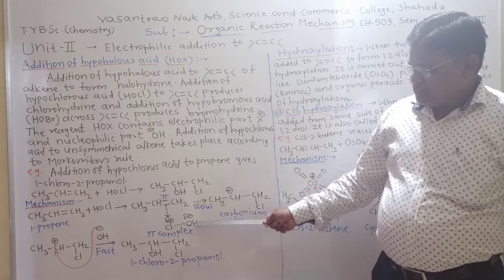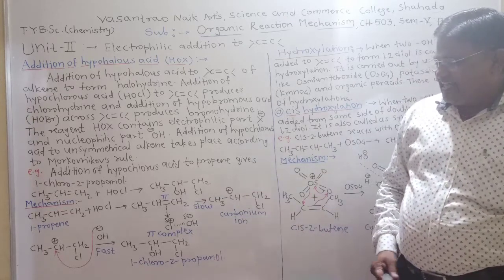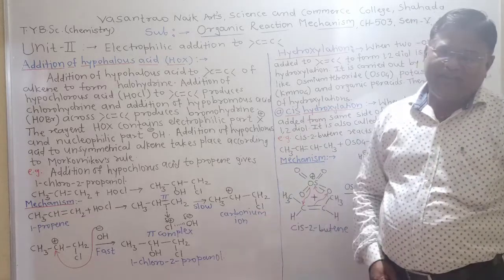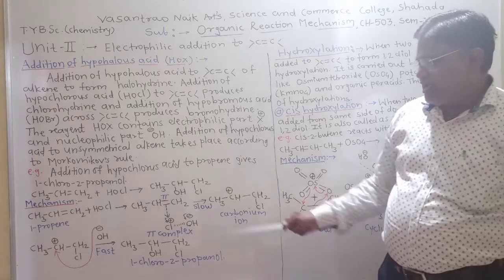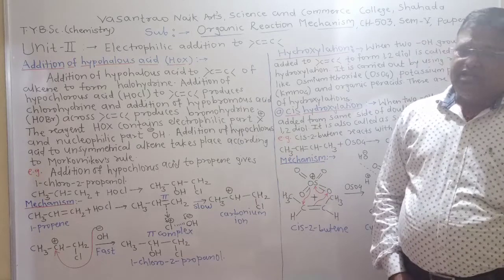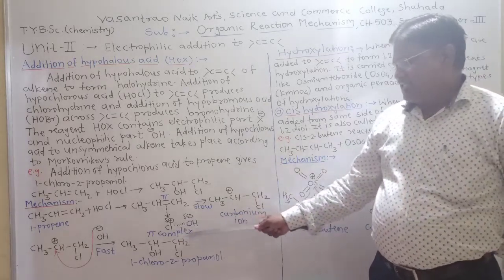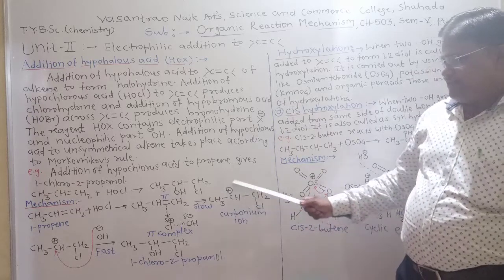When hypochlorous acid comes close in contact with pi electrons, there is formation of a pi complex. In the pi complex, there is no actual bond formation between the carbon atom and the Cl atom. Now this pi complex rearranges to form the stable carbonium ion.